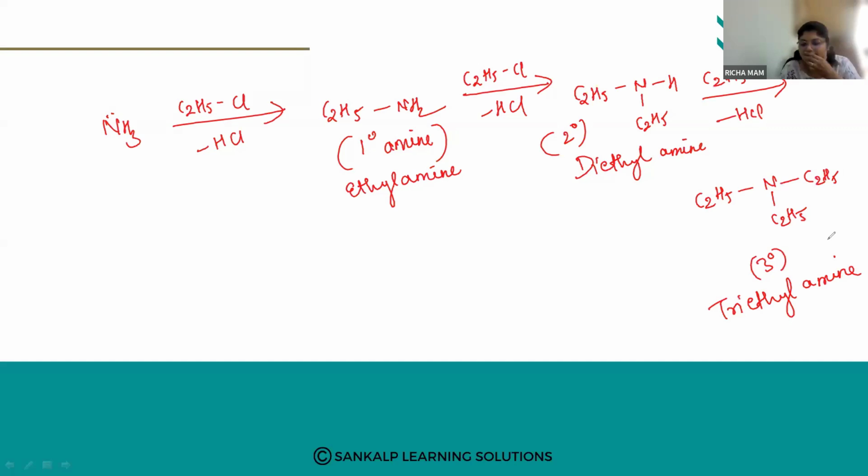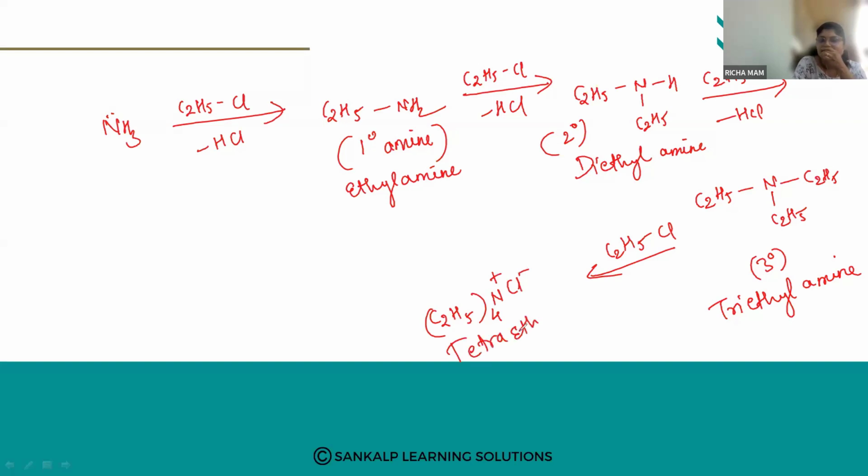Now again, what are we going to do? Now we are going to treat it again with ethyl chloride, and we are going to get (C2H5)4N+ Cl-. So this is tetraethylammonium chloride.